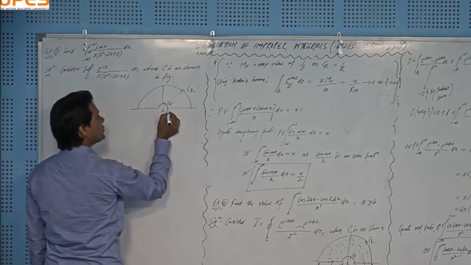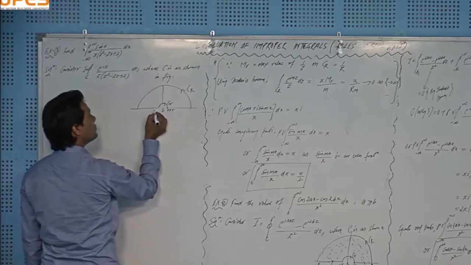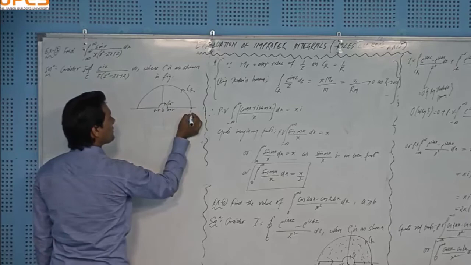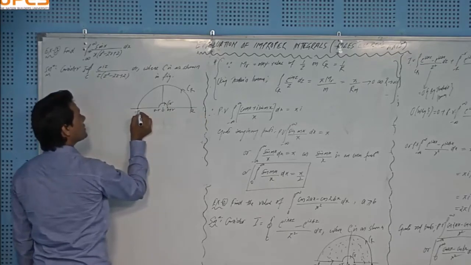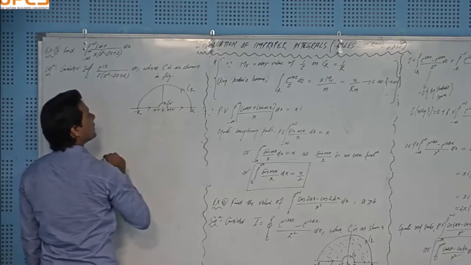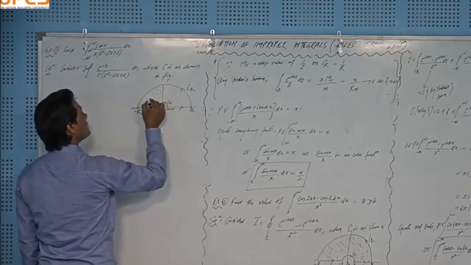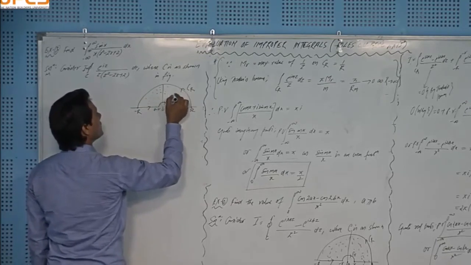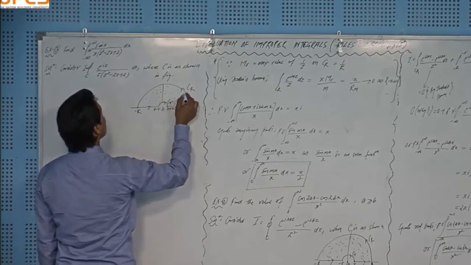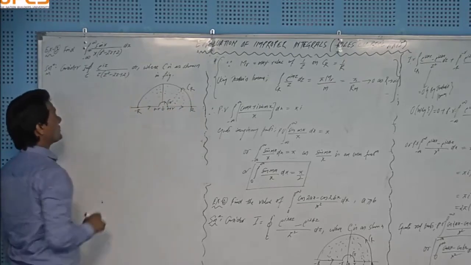So the right hand side should be 0 plus small r, and it should be 0 minus small r, right? And this is capital R, this is minus capital R, okay? And yes, this shaded region, this time, is containing one pole, and that will be given by this thing.